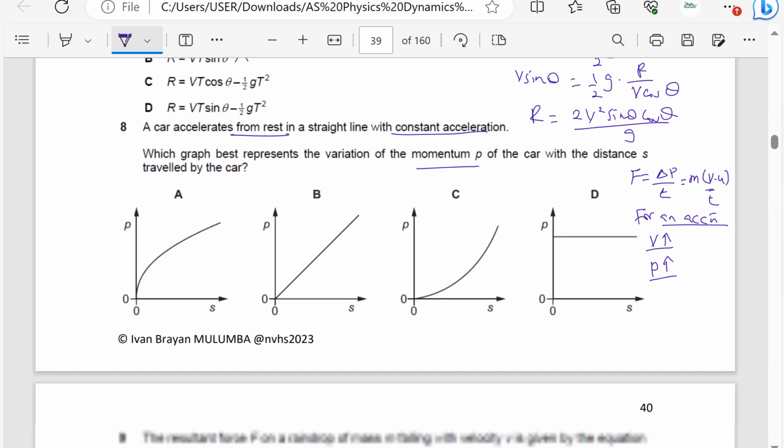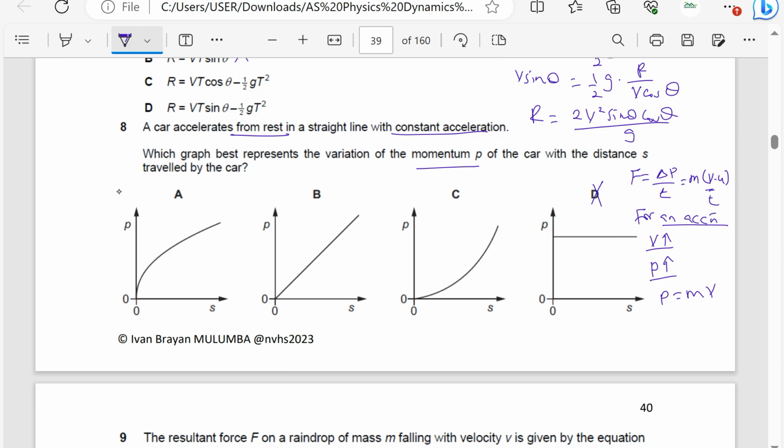And also remember, momentum is mass times velocity. So we have already ignored d, because d is showing momentum is constant. Momentum must be increasing, so we ignore d.